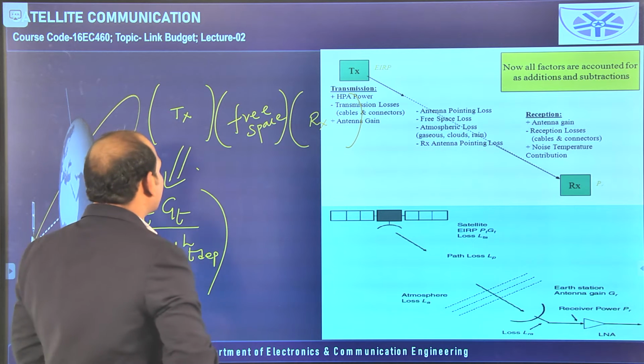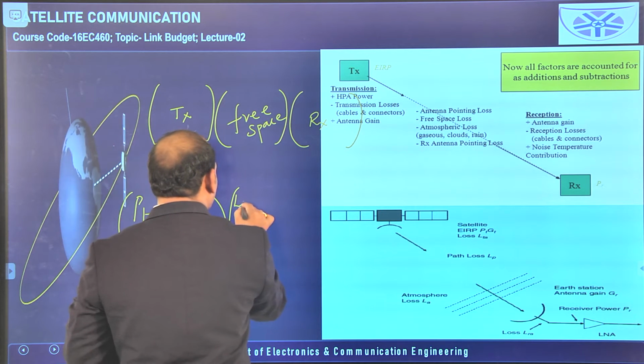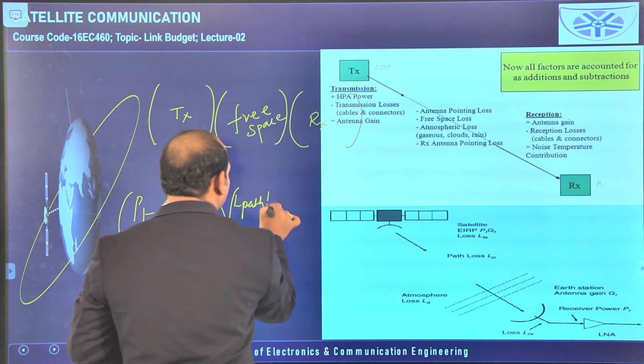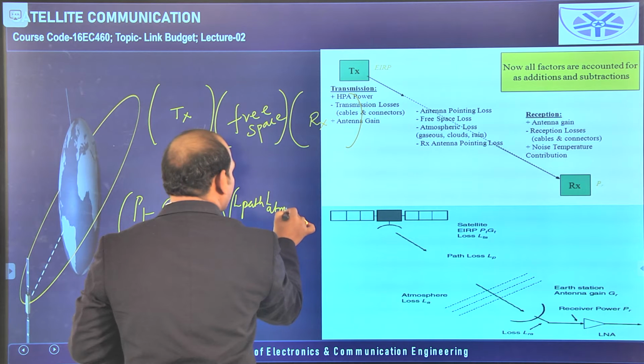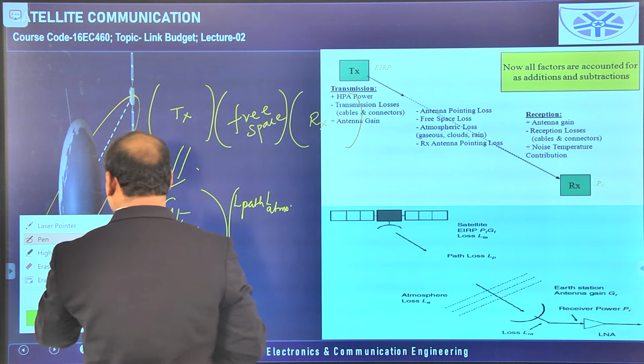Now in the free space, what is happening? Losses are occurring, those losses are path loss and atmospheric loss. So these two are losses, that is why we should write in the denominator.